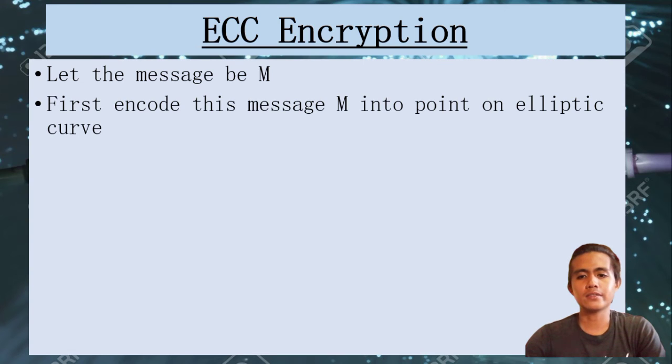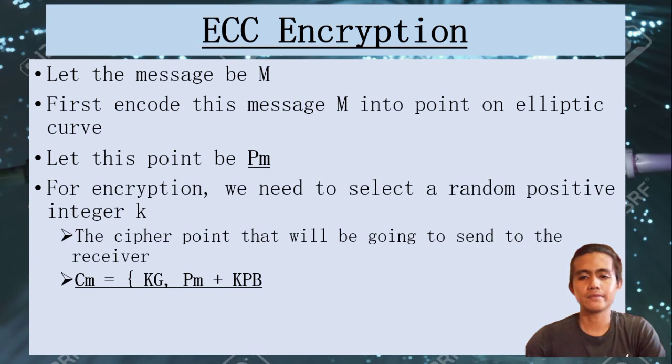First, encode this message M into a point on the elliptic curve. Let this point be PM, where P is the plaintext point and M is the message. Next, for encryption, we need to select a random positive integer k. Then we calculate the cipher point that we are going to send to the receiver.